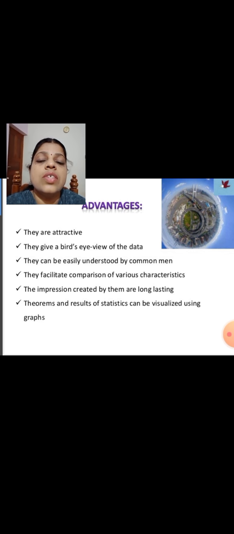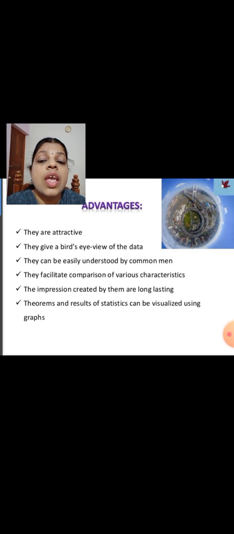First advantage is they are quite attractive, isn't it? If we draw the diagram, compared to the tables, it is more attractive. The second one, they give a bird's eye view of the data. What is that? It gives a bird's eye view of the data.